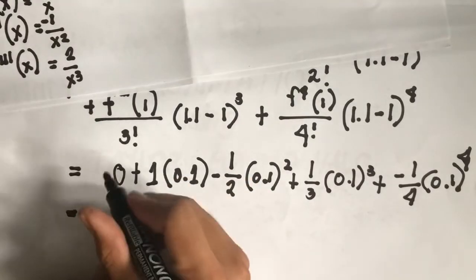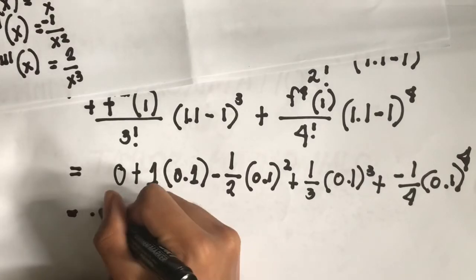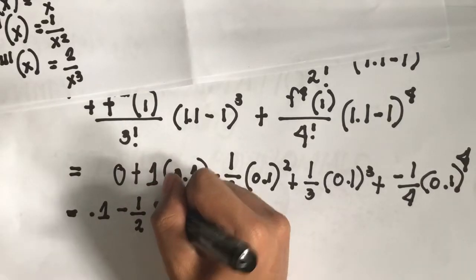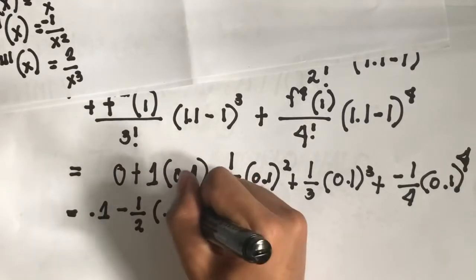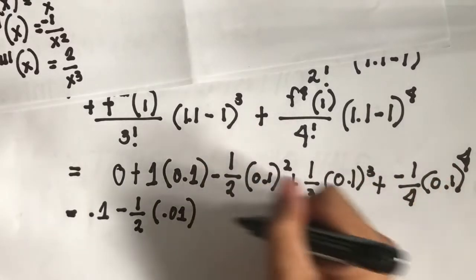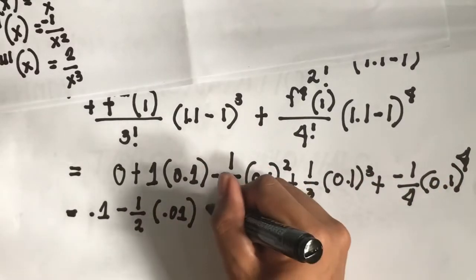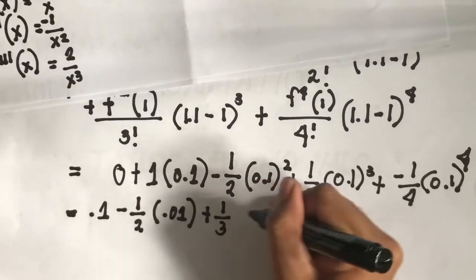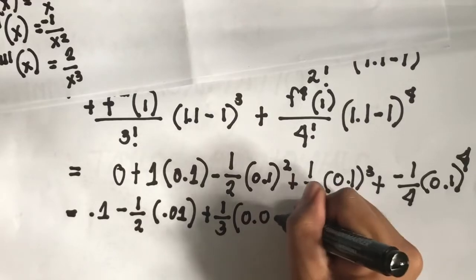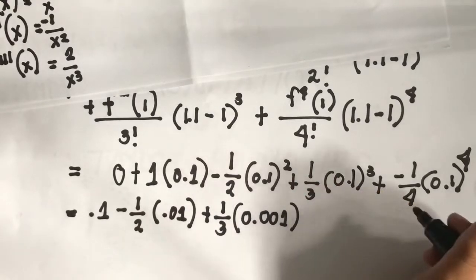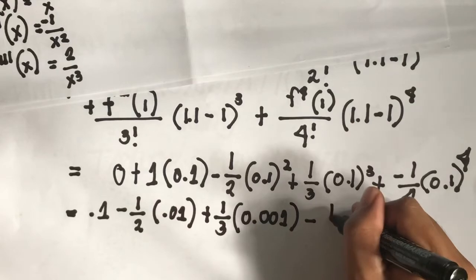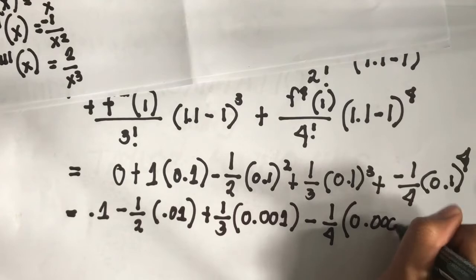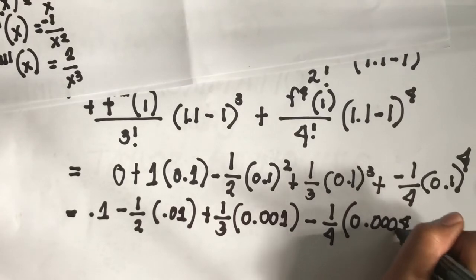So let's simplify this further. Let's disregard the 0. That's going to be 0.1 minus 1/2 times 0.01 plus 1/3 times 0.001 plus negative 1/4 times 0.0001.